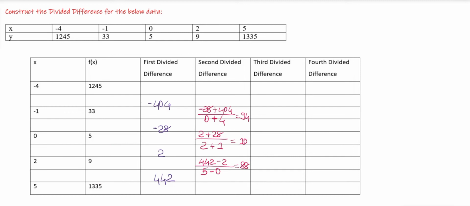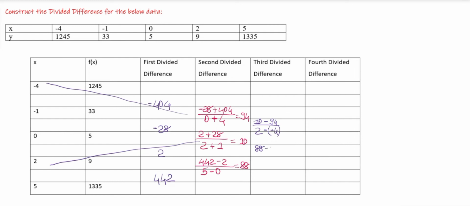in the numerator it's the same thing, that we'll take this difference 10 minus 94. For the denominator, again you will see the cross values only. Like for 94 we are having cross value as minus 4, and for 10 we have the cross value as 2. So it will be 2 minus minus 4, which is 2 plus 4.